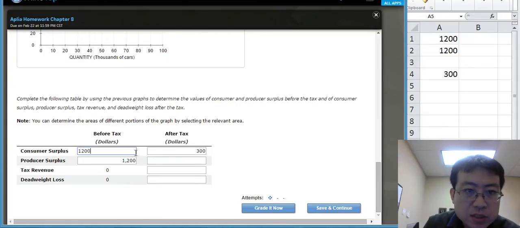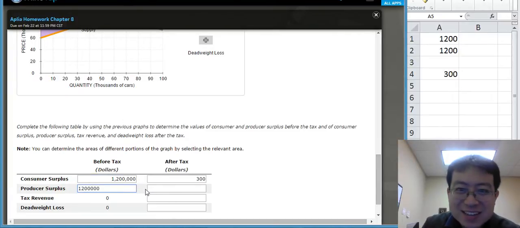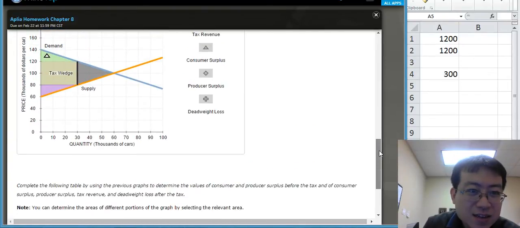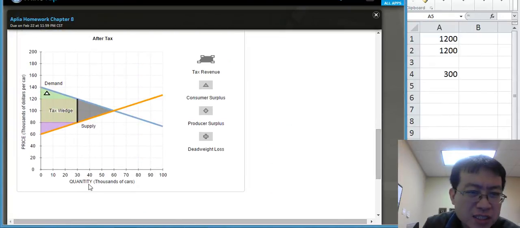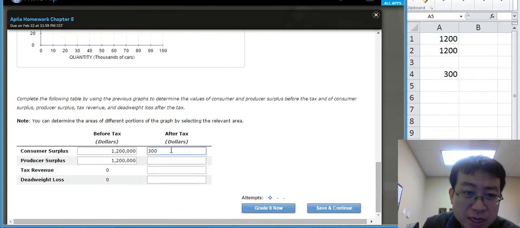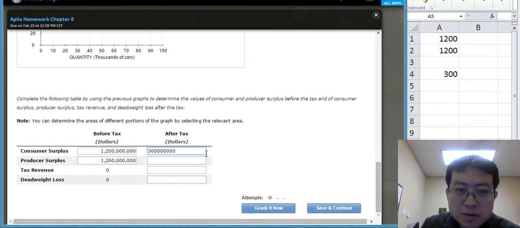Oh guys, be careful, this is in thousands. Because your quantity is in thousands and your price is also in thousands, once you finish, put 6 zeros behind 300. 1, 2, 3, 4, 5, 6.